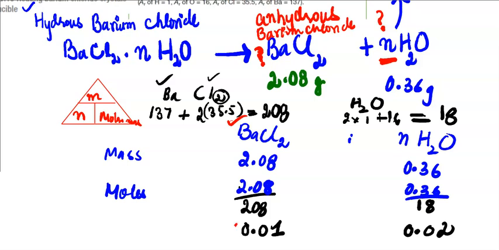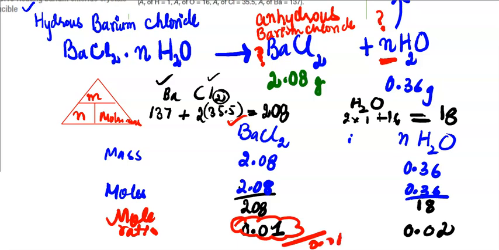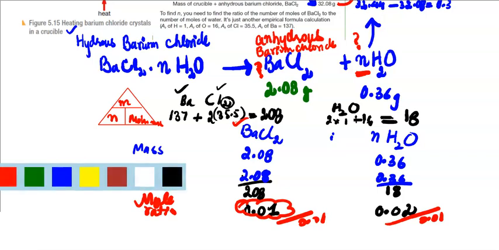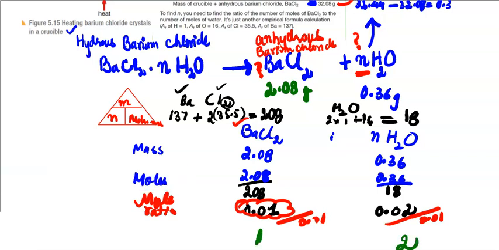Now the very familiar step, you just need to find the smallest number. Why? Because you want to get the mole ratio. Why? Because you need a ratio. Why? Because you need a whole number answer. So divide by 0.01, divide by 0.01, and you get the answer, that is 1:2, and that is your final answer.